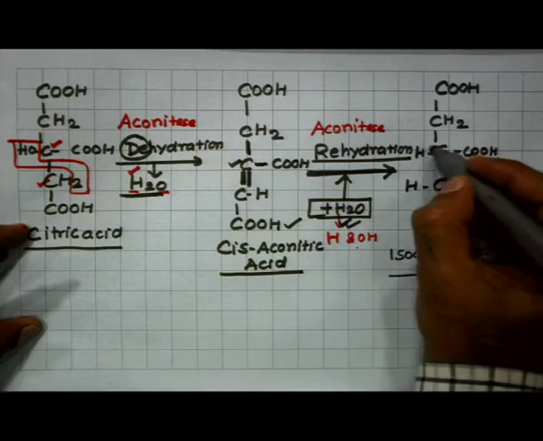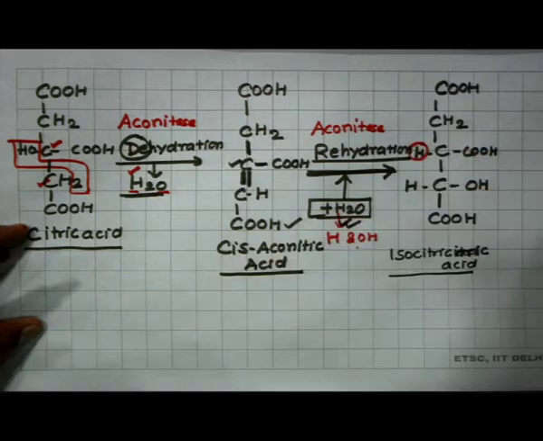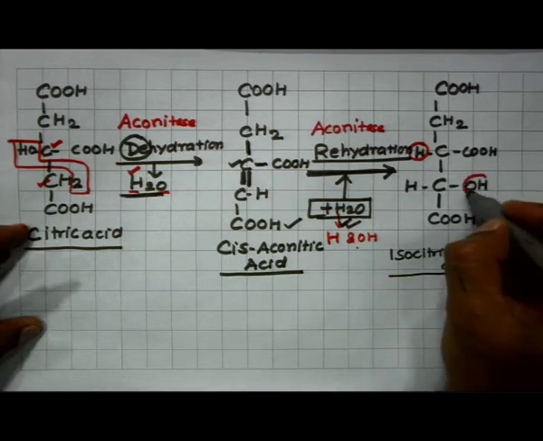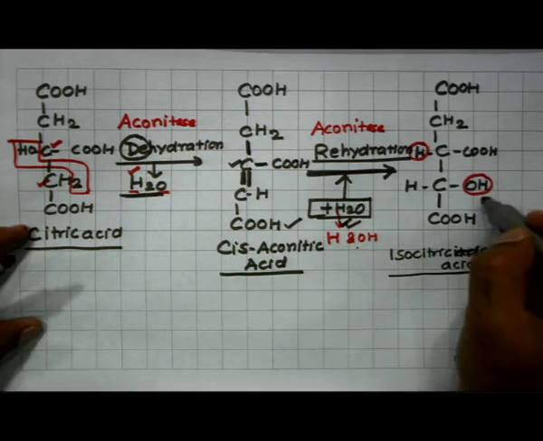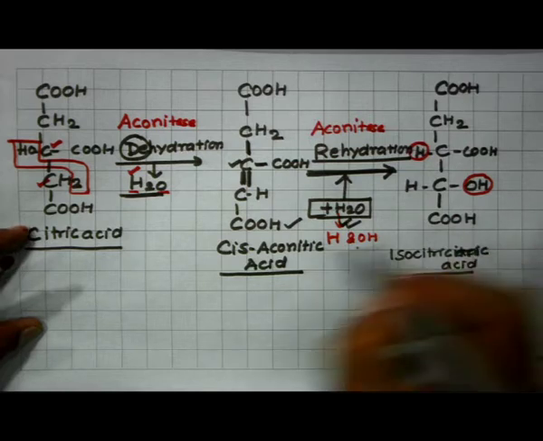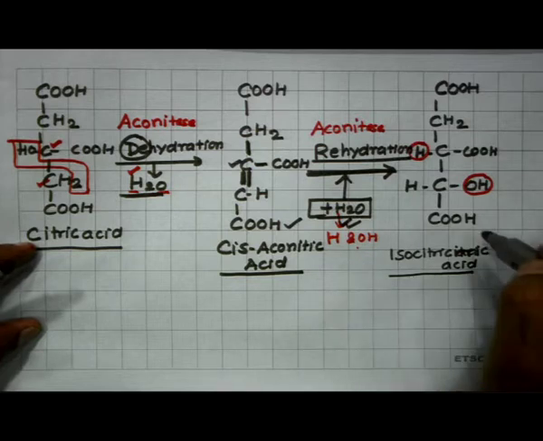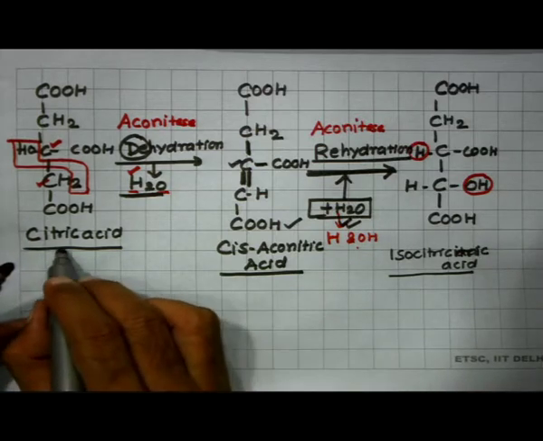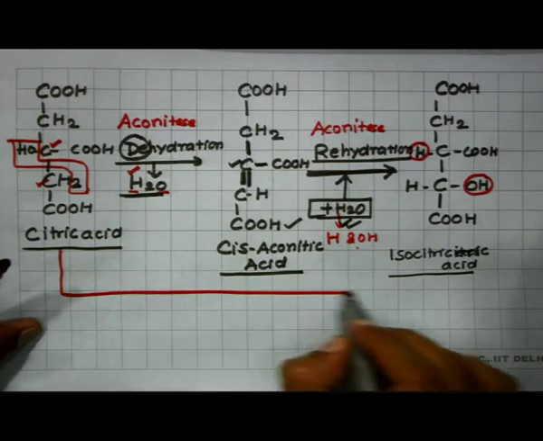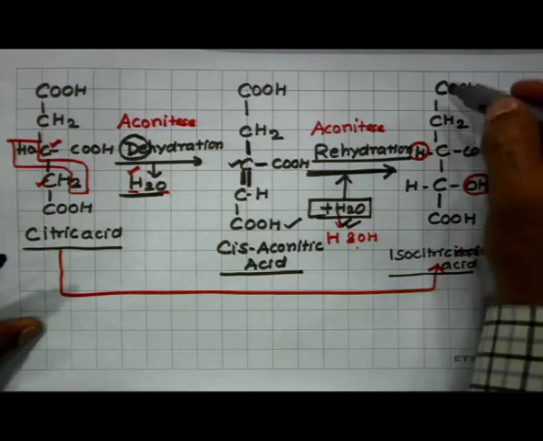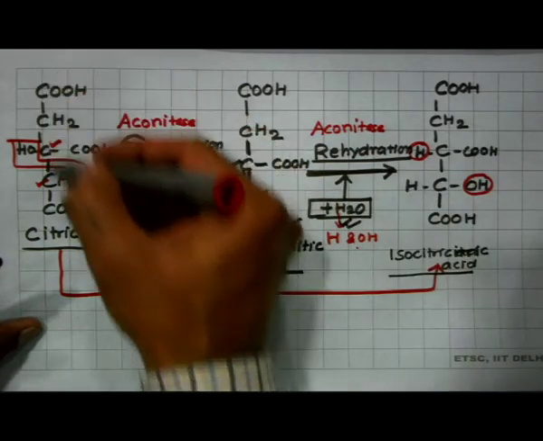This H is added here and this OH is added here. So, you can easily write the formula of isocitric acid from cis aconitic acid. From the citric acid to the isocitric acid, there is the same structural formula.